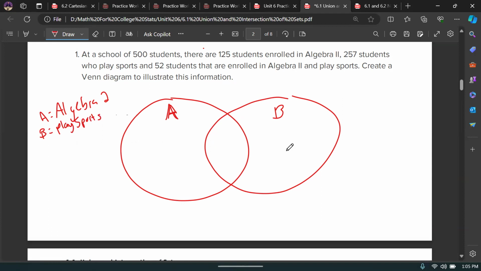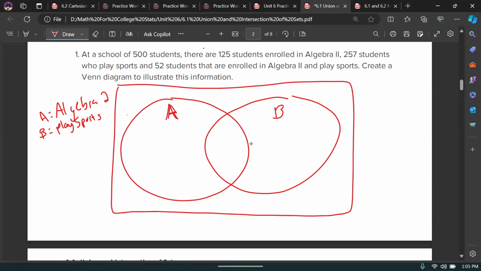Now, a general rule of thumb here is to start with the middle and work your way out. Don't forget as well the universal set on the outside. A lot of people forget that. I almost forgot that. Sometimes we'll call this set U. I don't think it necessarily has to be like that for this problem, but I'm going to do that anyway.